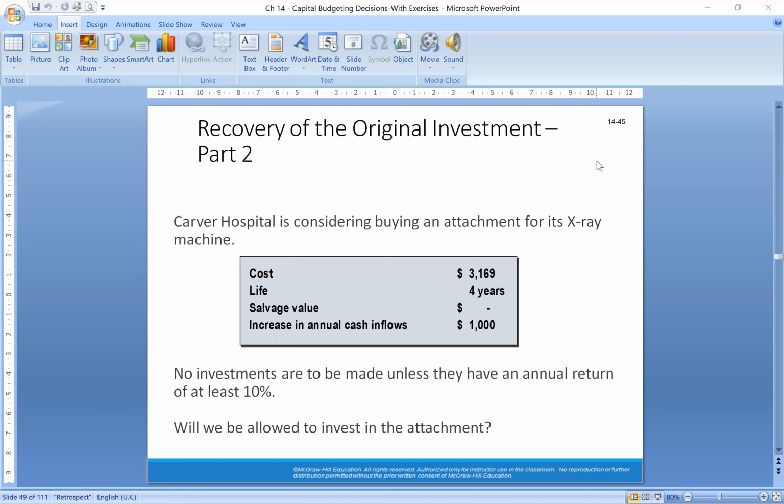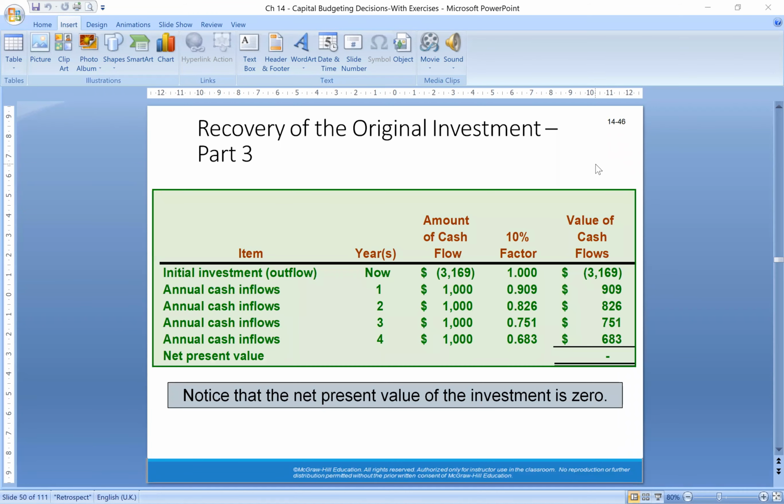Annual rate of return is 10%, or the criteria for the company is that investments are to be made unless they have an annual rate of return of 10%. 10% then is the required rate of return by the company. Will we be allowed to invest in this investment or not? We have to calculate the present value. In the calculation of the present value, again, the initial investment, which is an outflow, I will pay now 3,169, multiplied by 1 because there is no time.